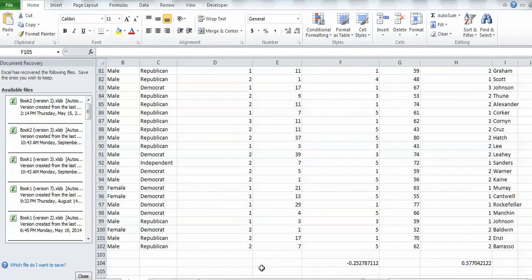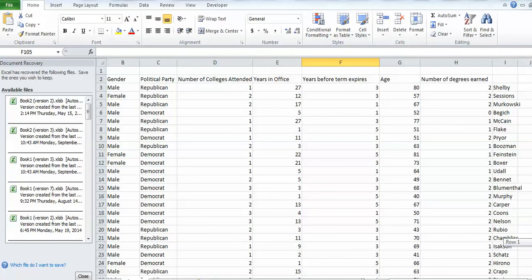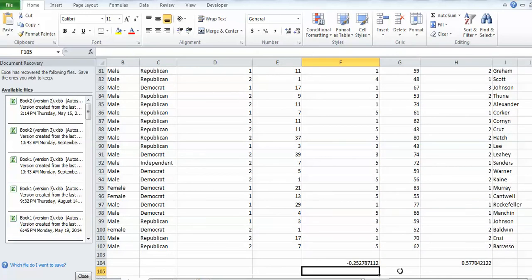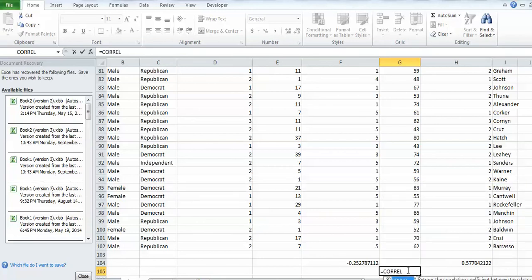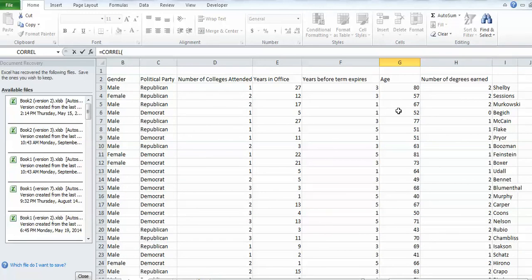What about the correlation between age and years in office? We just need to find an empty box right here. We type equals CORREL. We highlight age.